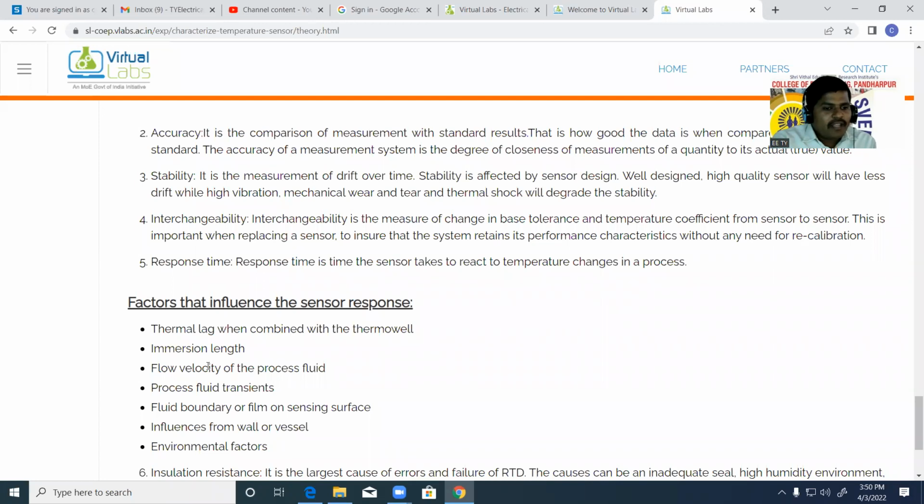Then fluid boundary or film on the sensing surface. Whether coating or a film forms on the sensing surface, where the sensor senses, from that fluid, it will have an effect, right? Then influences from the wall or vessel. So if there is any influence from the wall or the vessel, then environmental factors.